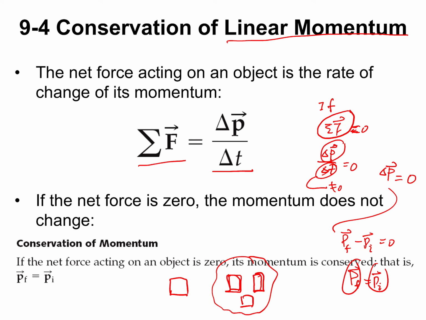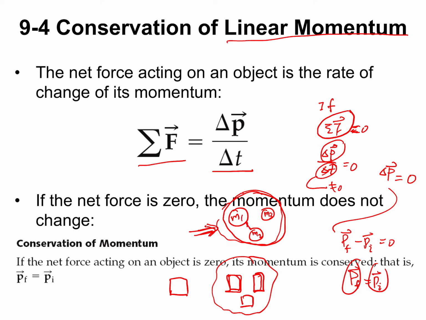If you group several objects into a system, and the net force on this system is 0, what happens to them? Assume the system has three objects. Those three objects can interact with each other, but there's no force from outside of the system applied on them.